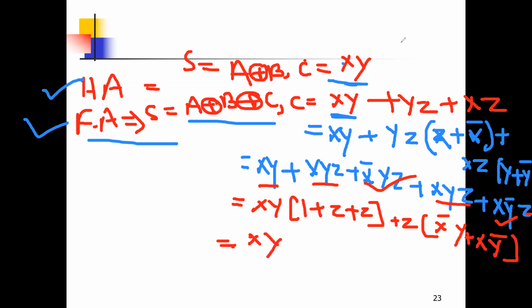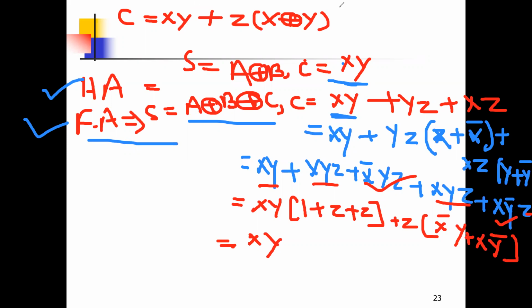So what is the carry? We have XY plus Z (X XOR Y). Clear or not? I did these things and I get this carry. So now this is the full adder carry, and the full adder sum is A XOR B XOR C. Clear?